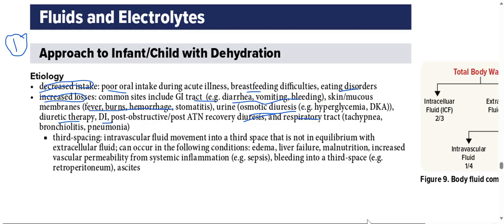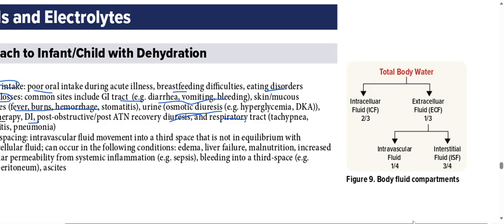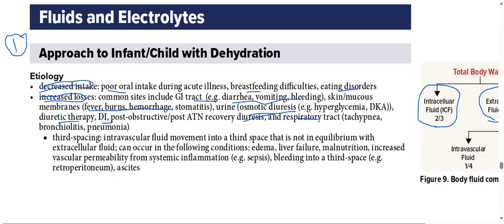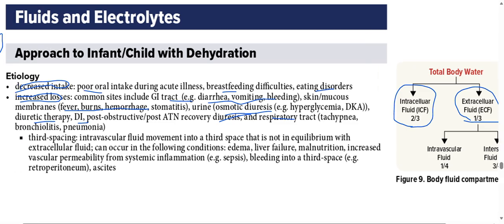Okay, next thing is we need to know about the total body water. Two-thirds is in the intracellular compartment and one-third is in the extracellular compartment. Next we need to know about third spacing. The intravascular fluid is one-quarter of the total body water, basically the extracellular fluid is divided into intravascular fluid and interstitial fluid.